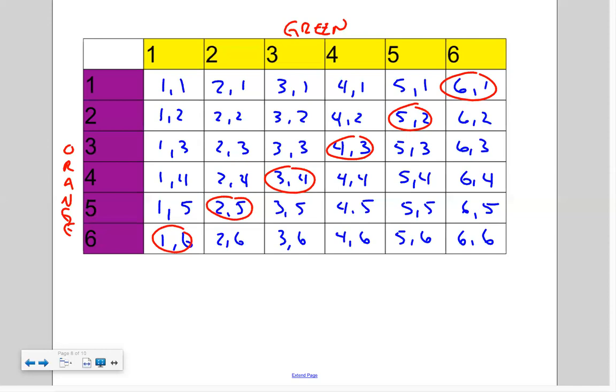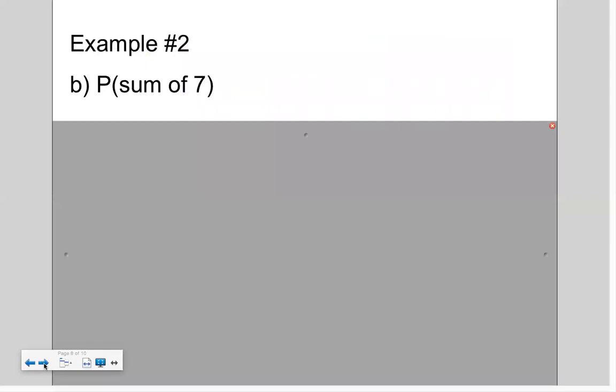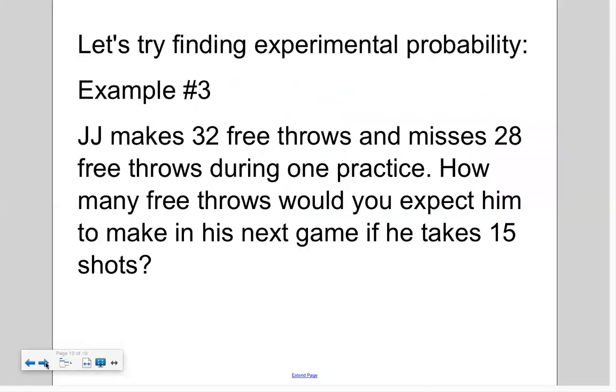So yes, it is going to be 6 out of 36, which is a 1 in 6 chance of a sum of 7. And that's why in most dice games, rolling a 7 is the winning thing a lot of times. Like craps, 7 is a good number to get. Or something special happens, like the robber instead of a 7.